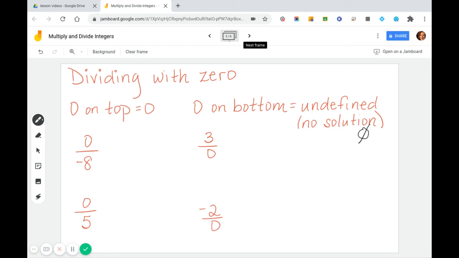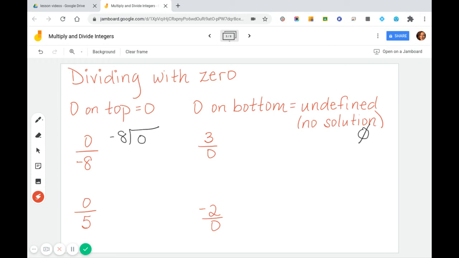So on this first one, 0 divided by negative 8, the reason why it comes out to be 0 versus undefined, if I set this up as long division, so if it falls over and the top number lands inside my long division box, regardless of what's on the outside, I ask myself, what do I multiply the outside number by to get the inside number?